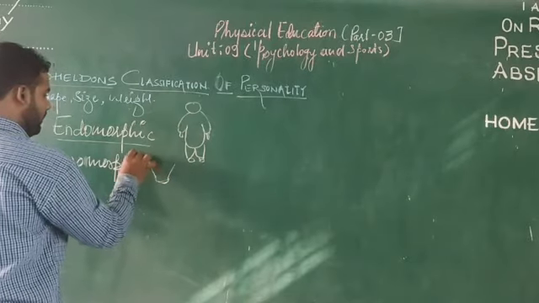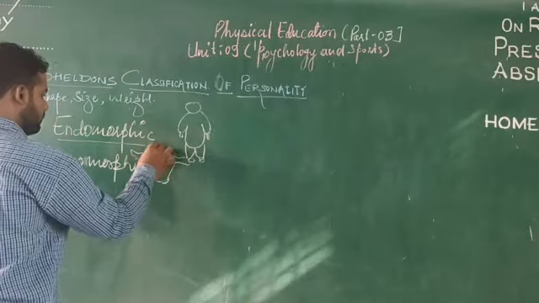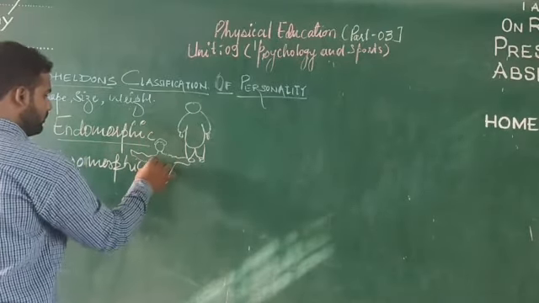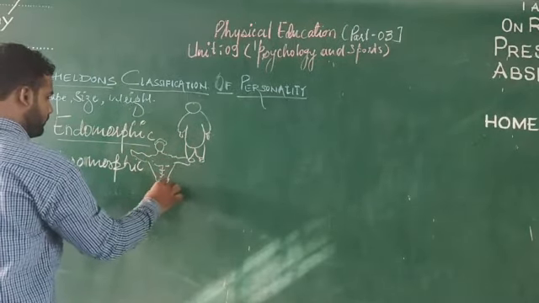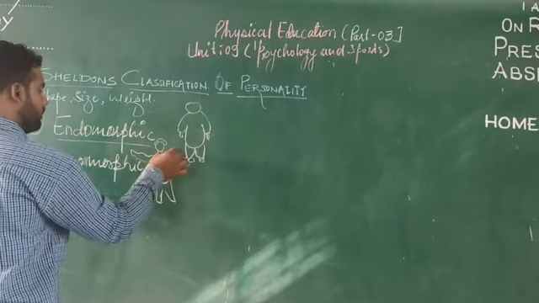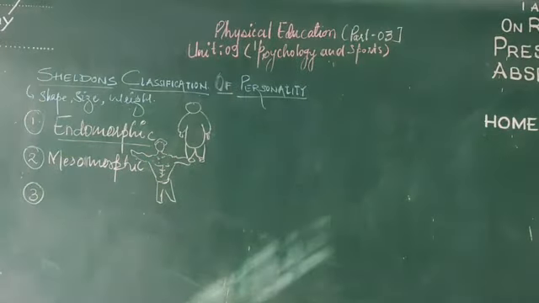Okay, they have well-built muscles, proper chest, they have six-pack abs too, right? So these are the persons who have a good kind of body, like a bodybuilder.